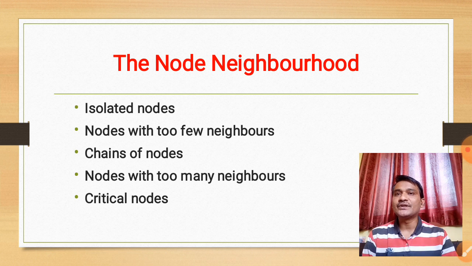In order to fully secure this, you should perform a couple of experiments in the field and test both short and long links. The problems you are typically looking for are isolated nodes, nodes with too few neighbors, chains of nodes, nodes with too many neighbors, and critical nodes.